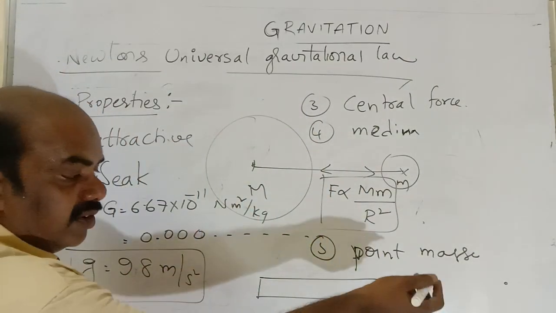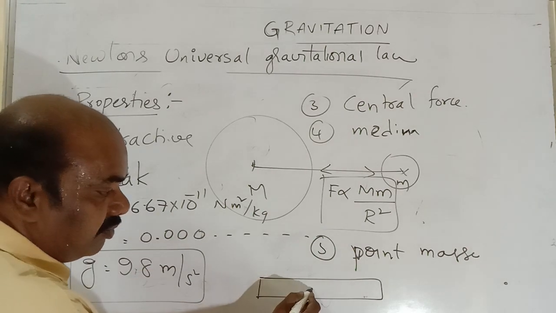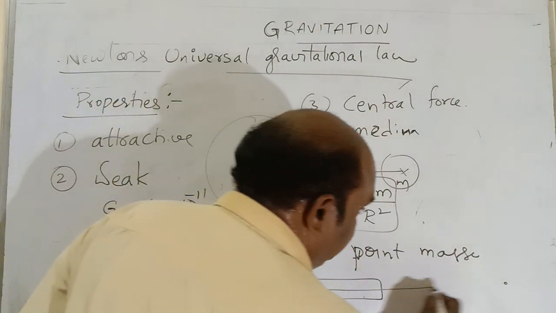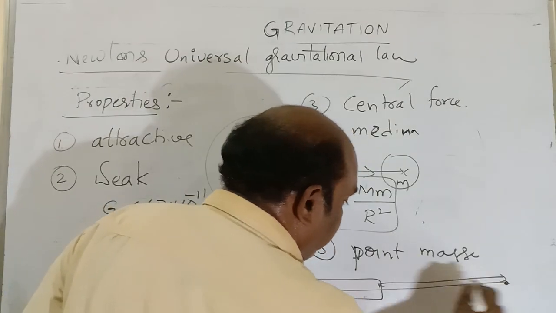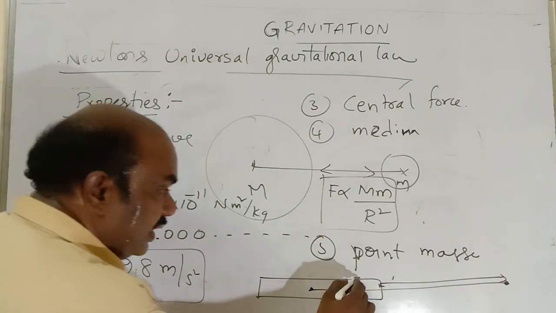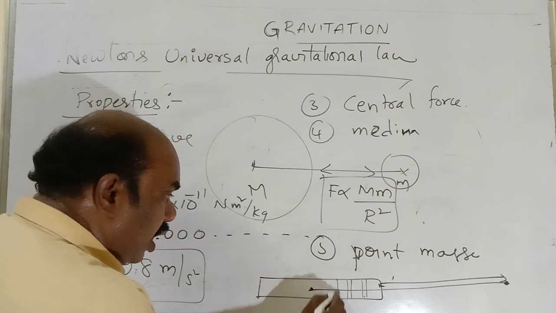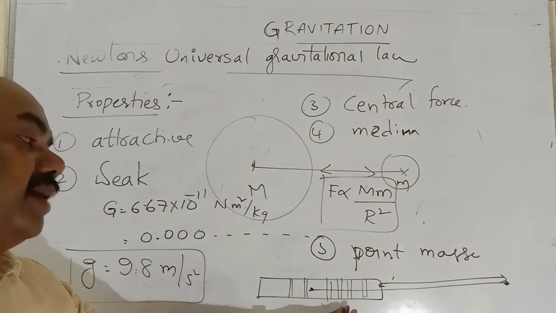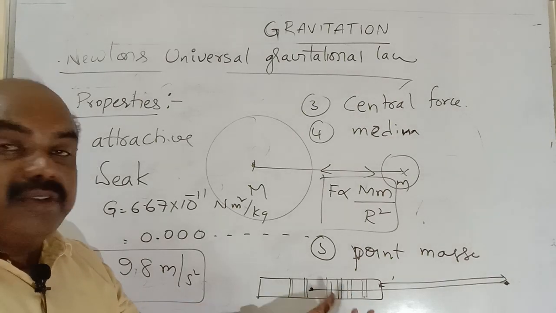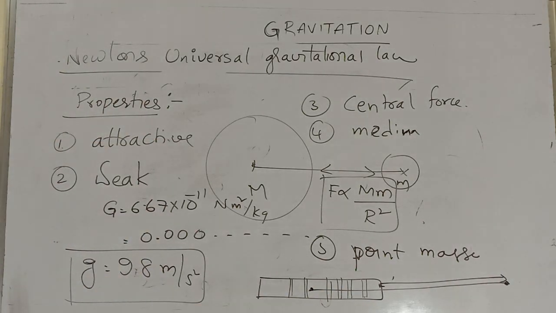What is the gravitational force between these two? You cannot consider it from this center to this center, because this point is very close to the particle. So here attraction will be more, here attraction will be less. At that time, we split the rod into small parts, then use the differentiation concept, the dm by dx concept. That we will see later. Till here you have to remember, children.